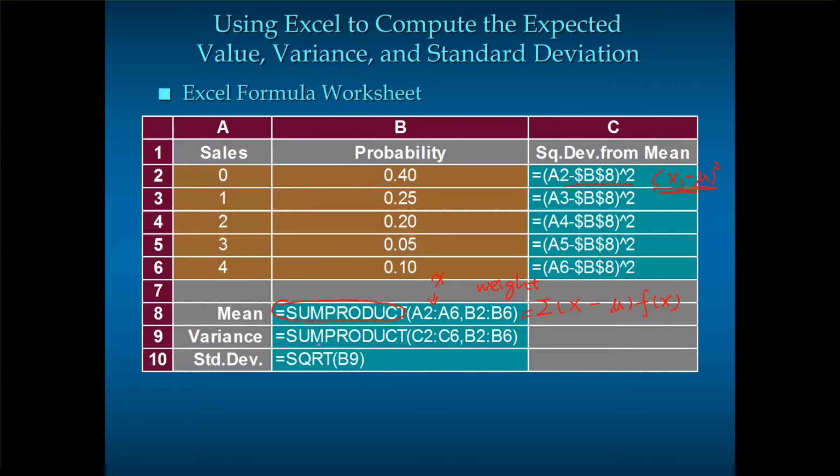For the second part, we are trying to get the variance. Again, C2 to C6 is what we just calculated: for each individual observation, the distance from the mean powered by 2. The second part is the weight, the probability distribution. So what we are doing is the sum of (x minus mu) powered by 2 times f(x).